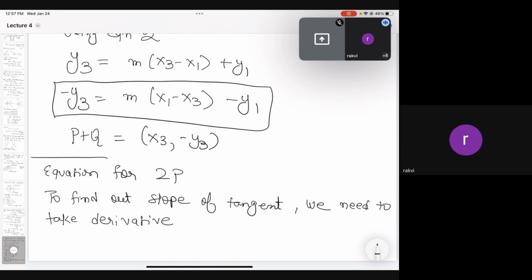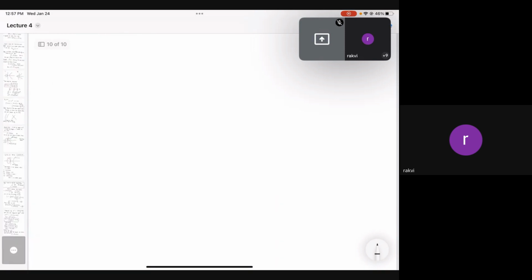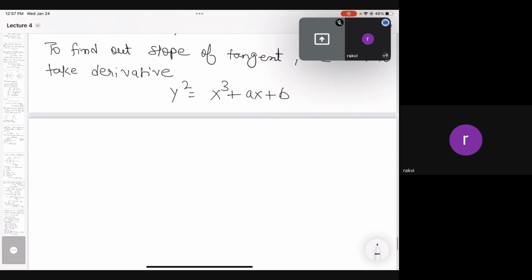So we have to go back to the equation of elliptic curve. Our equation was y square equal to x cube plus ax plus b. If we take derivative on both the sides, what do we get? Derivative of y square is 2 times y, and since y is a function of x, we are thinking of x as a free variable and y as the dependent one, so sort of chain rule, it is y dash.